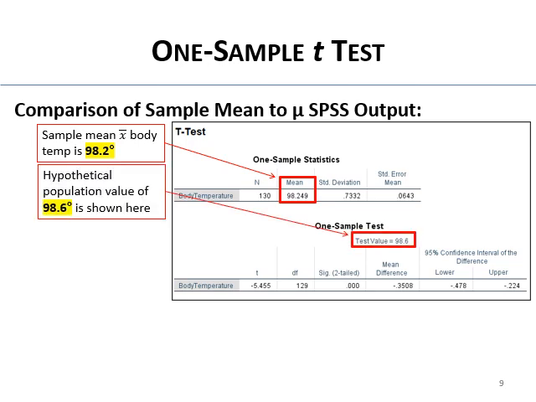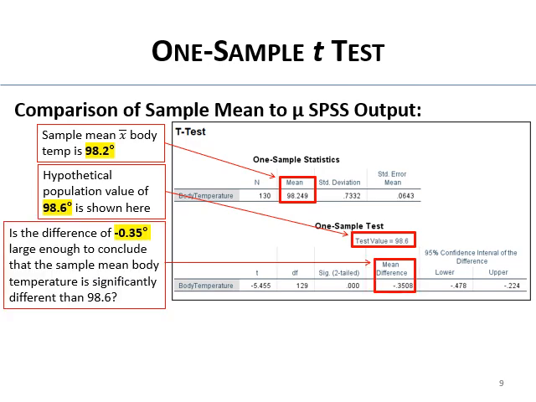It shows you up top what value you're comparing to, as the hypothetical population value is 98.6 degrees. You get something called the mean difference in there. That's how much the sample mean differed from the population mean. So it's literally sample mean 98.249 minus 98.6. You get negative 0.3508. That is, they're about 0.35 degrees lower body temperature on average compared to what was expected.